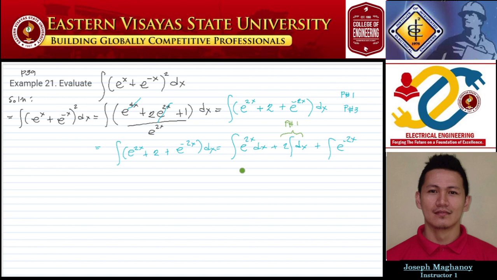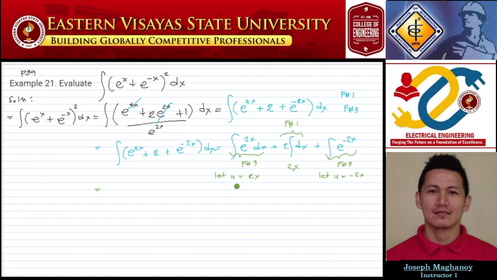For the remaining two terms, we can apply property number 3. So we focus here. We let u equal 2x. At this side, we let u equal negative 2x.